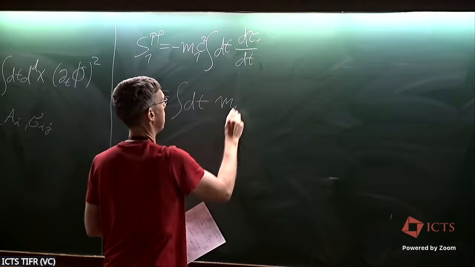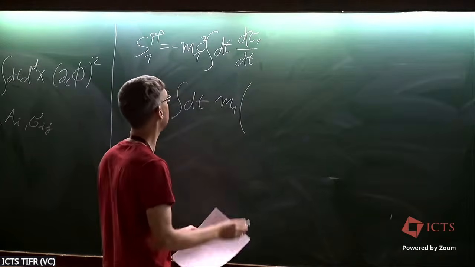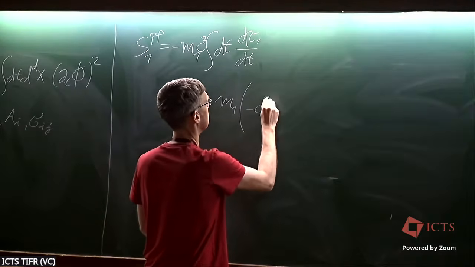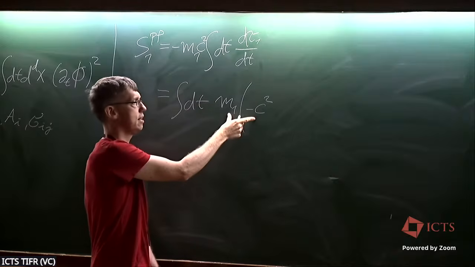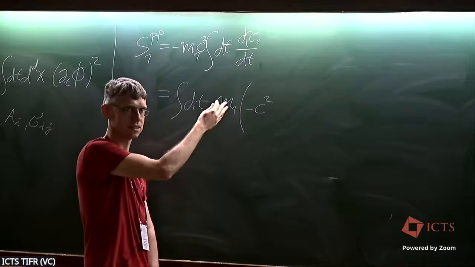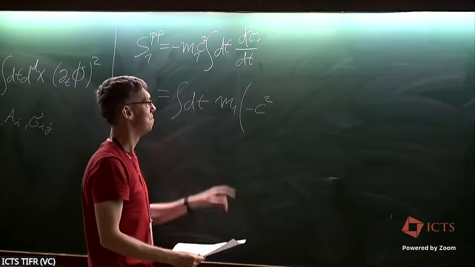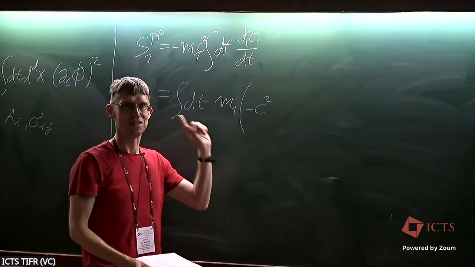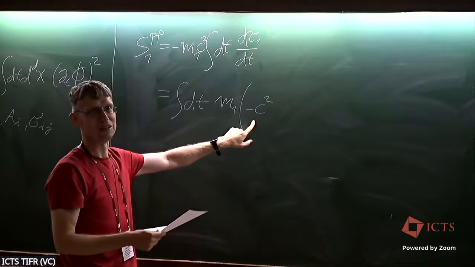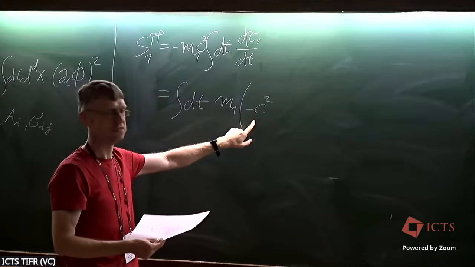There still is the m1 in front of the whole thing. It starts actually with a minus c square. So that's just the rest mass energy, so to say, but it's a constant, so it doesn't really matter. It's kind of a pre-Newtonian term, if you want. So it blows up in the Newtonian limit when you take c to infinity, but okay.